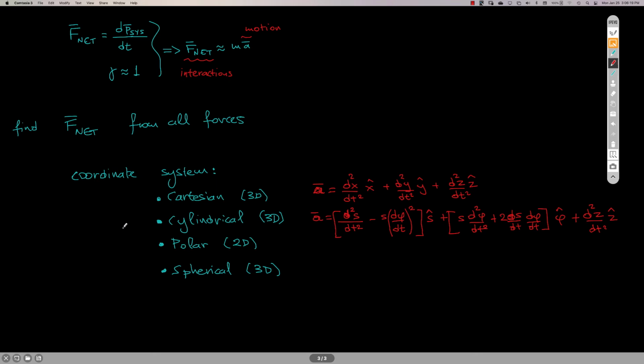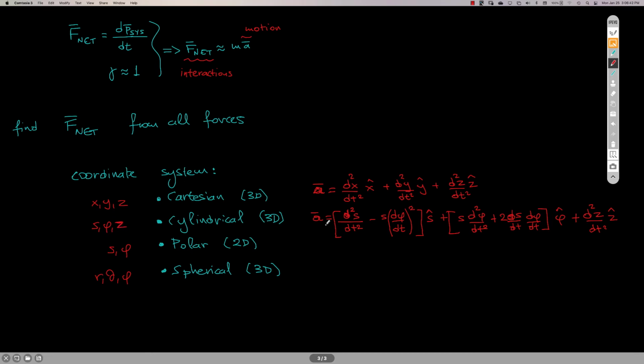Polar is just s and phi. So here I'm using s, phi, and z. For polar, we're just using s and phi. And for spherical, we use r, theta, and phi. For Cartesian, it is x, y, and z.